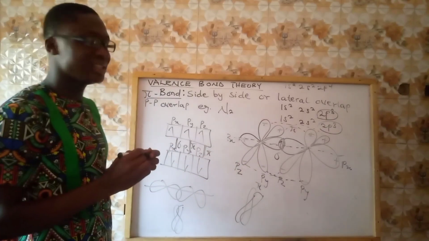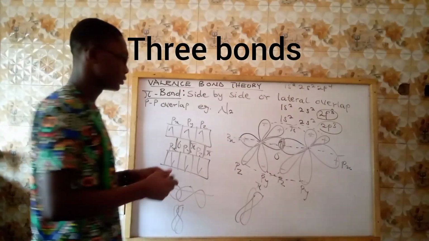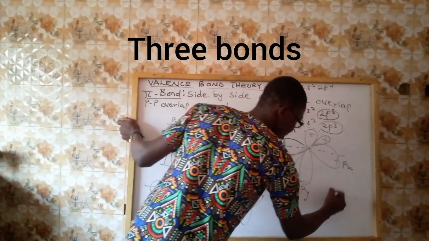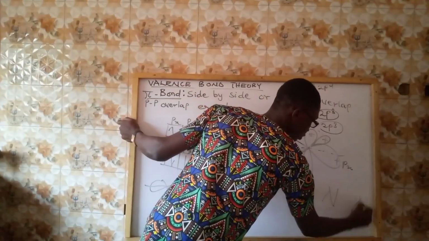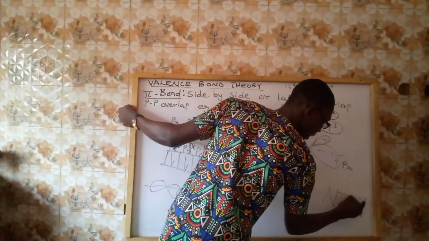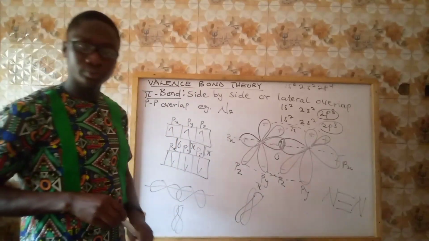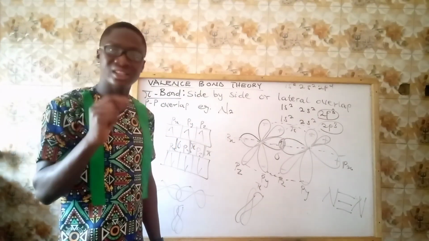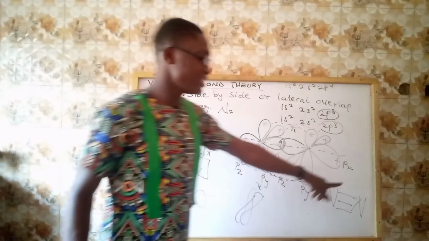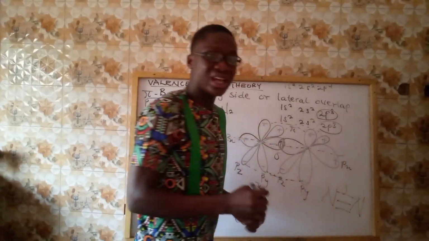So it means that in the nitrogen molecule we have 3 bonds. The nitrogen molecule has 2 atoms, but you have 3 bonds, 1, 2, 3. Now, how can you know the bonds? Note that the first bond is always a sigma bond, and the rest are pi bonds.